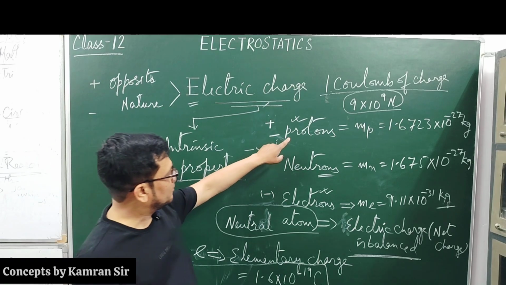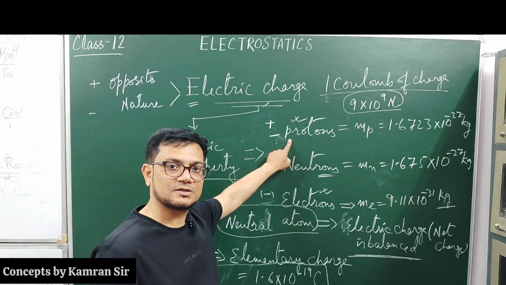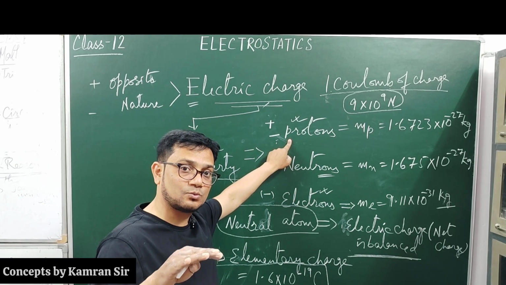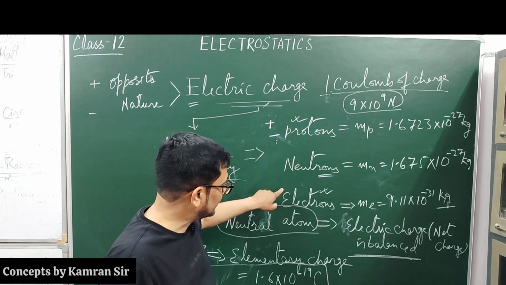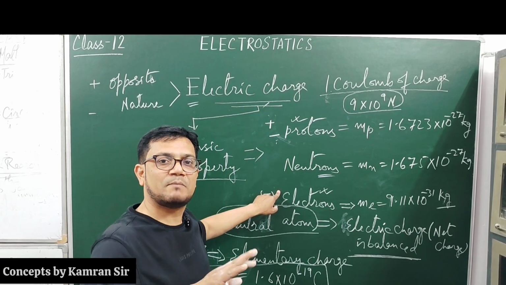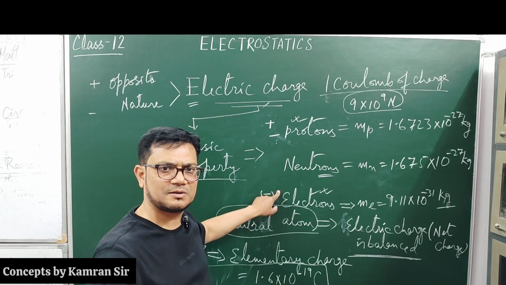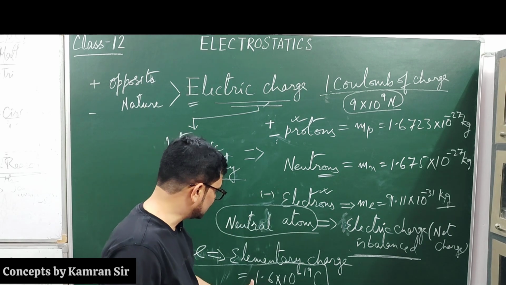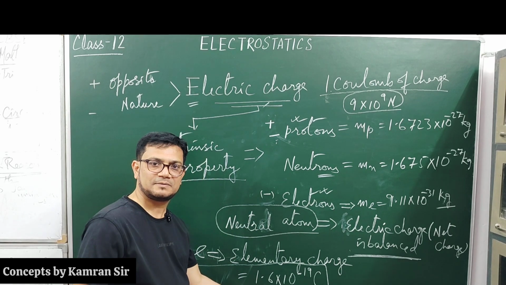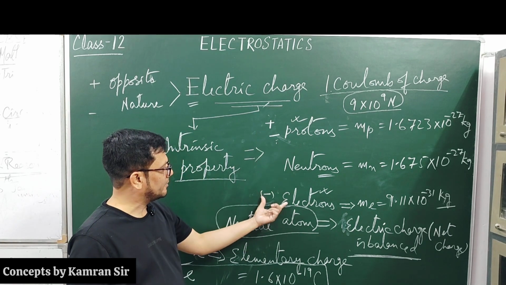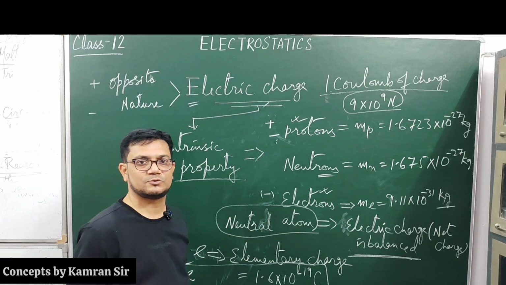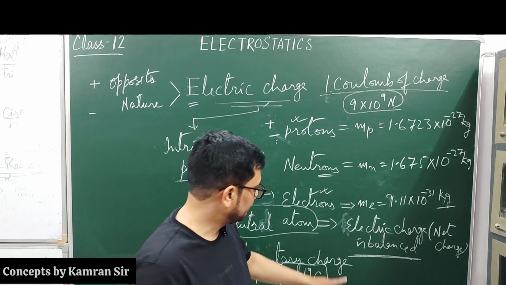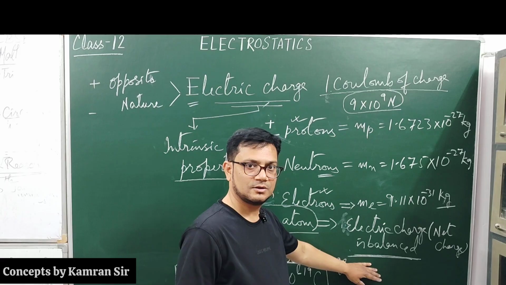So if a body has at the atomic level just one proton and one electron, or it has multiple protons and a number of electrons, this value gets multiplied. But if it is equal and opposite, then the atom is going to be neutral, and we say that the body is not charged.